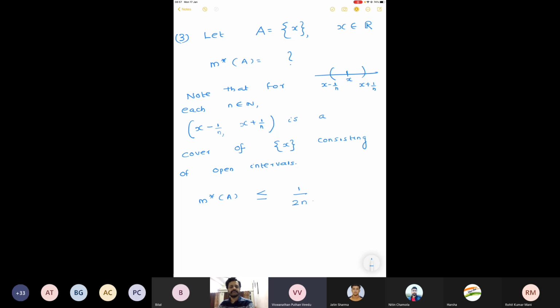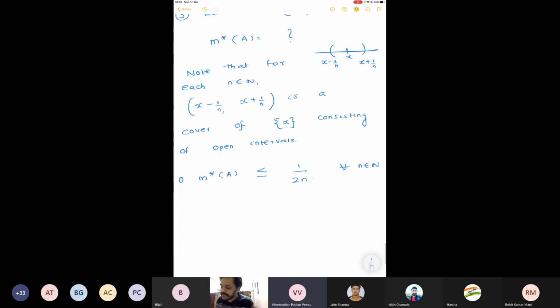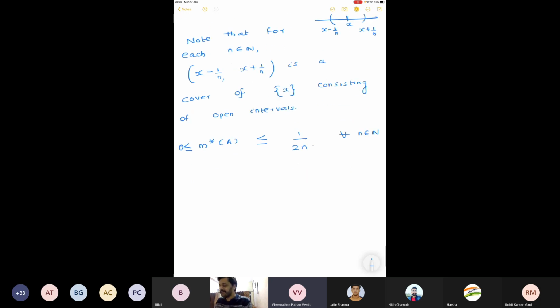You agree or not? And this is true for every n in N. And M star of A is greater than or equal to 0, you already know. So 0 is less than or equal to M star of A, which is less than or equal to 2 by n. Now apply the sandwich theorem. As n tends to infinity, the only possibility is M star of A equal to 0. Therefore, M star of A is equal to 0.